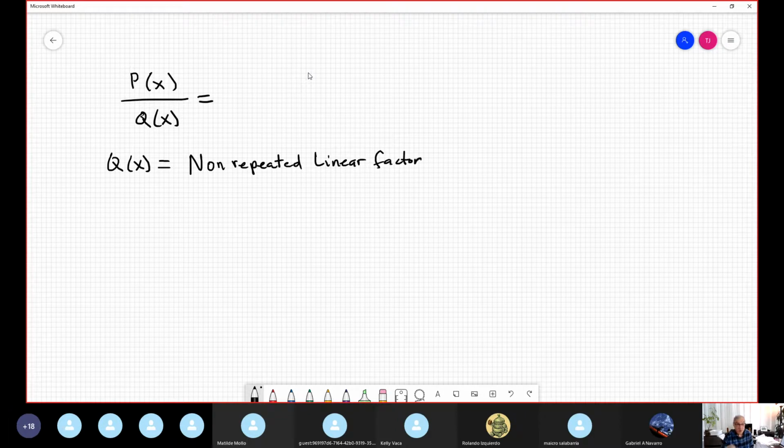it's easy. You break it down into several linear factors, suppose x minus a1, x minus a2, and so on.